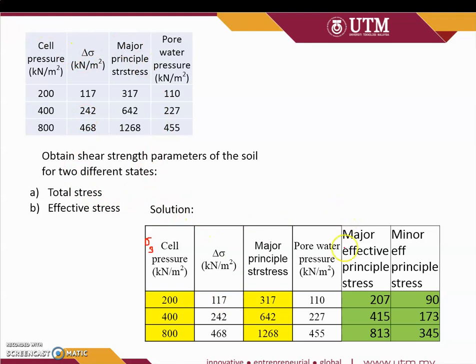This is part of the solution. I already prepared the solution, but let us visit the questions first. We are given stress 3, the cell pressure. We are also given the deviator stress, or additional stress, applied during the consolidation and shearing.